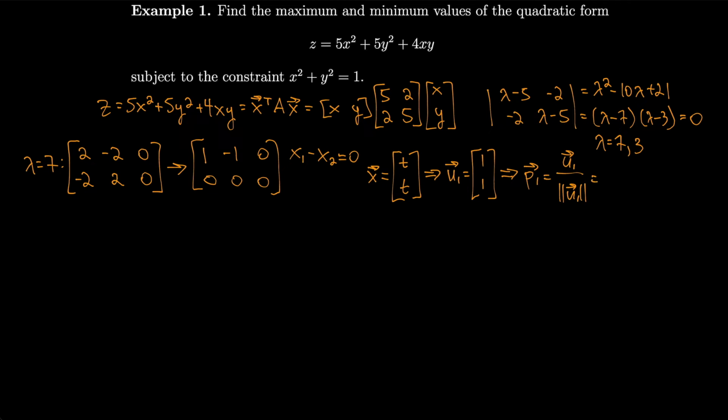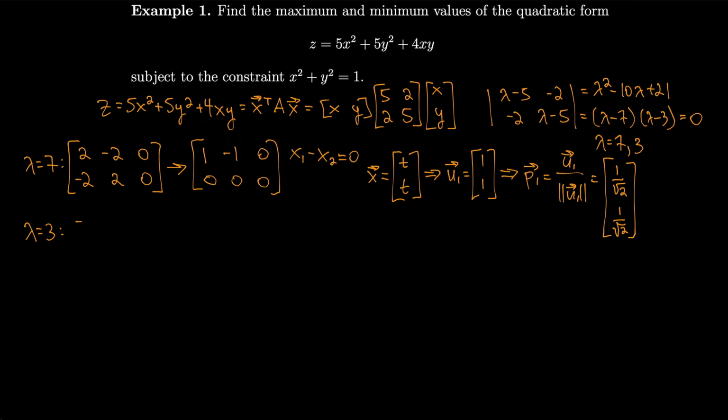So that would be 1 over square root of 2, 1 over square root of 2. So that is our constrained maximum.